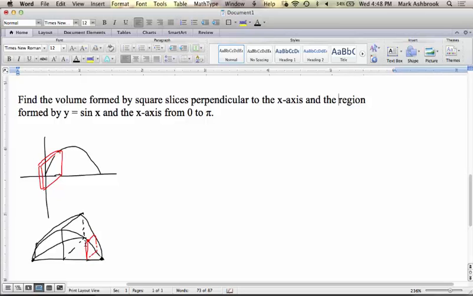It's supposed to be a square. And there'd be all squares, right? Starting from here, little teeny squares getting bigger and bigger until you get the biggest square at pi over 2, and then getting smaller and smaller again. So can you imagine that volume that you would get for that, kind of?